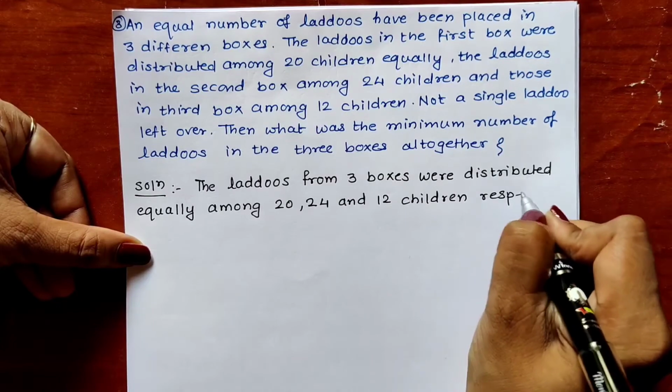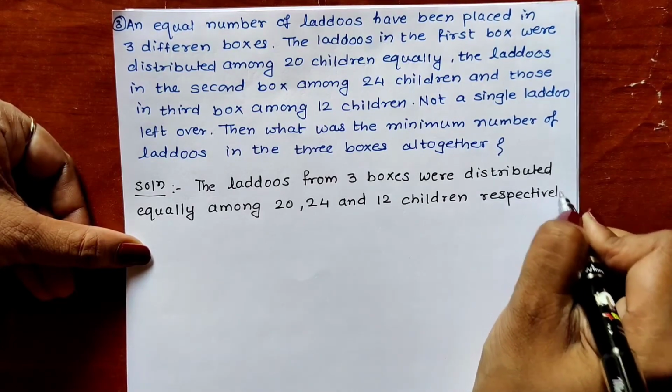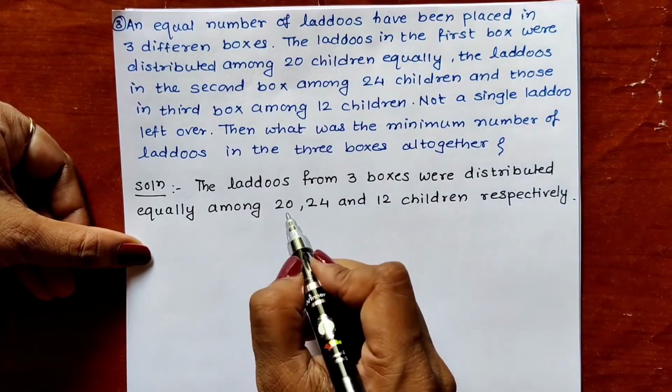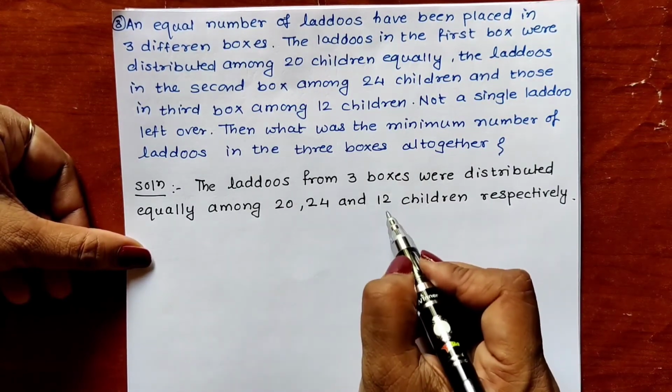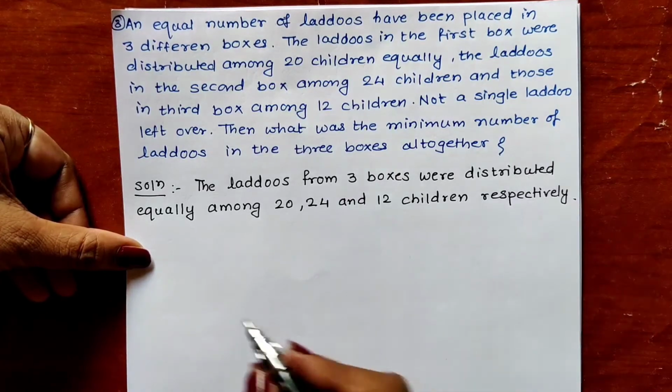What do we mean by respectively? Respectively means from the first box 20 children got the laddus, from the second box 24, and from the third box 12 children. That is respectively they got.